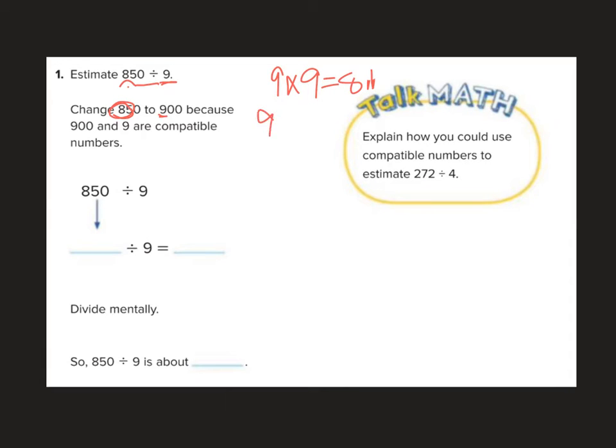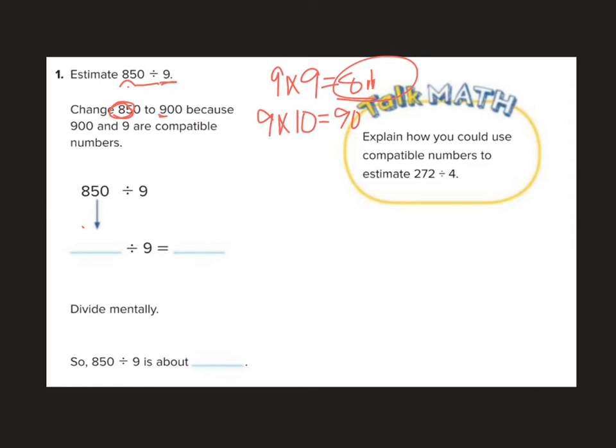I know that 9 times 10 is 90. Now, when you think for yourself, is it easier to divide 81? Does 81 first pop into your head, or does 90 first pop into your head? Okay, because technically 81 is closer, but if 90 is the first one to pop in your head, use 90, or 900 in this case.